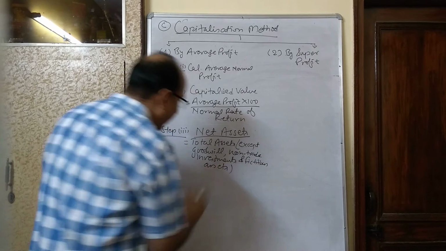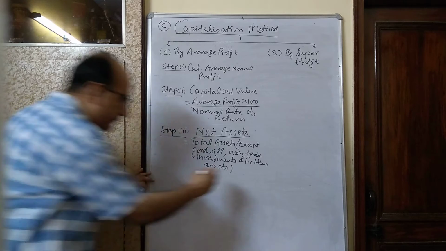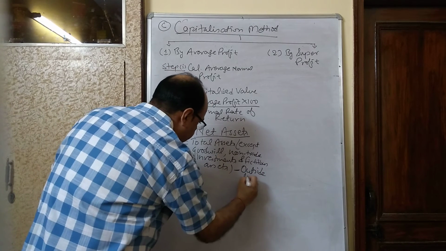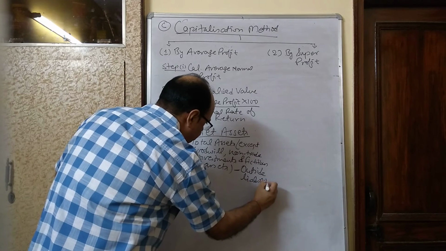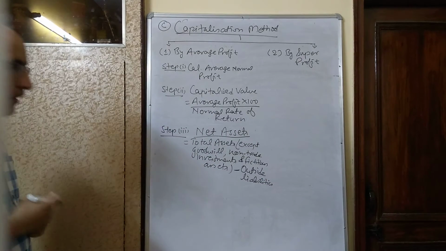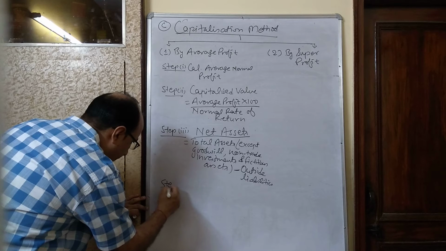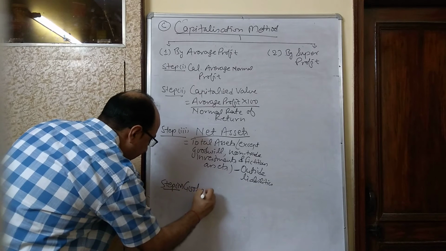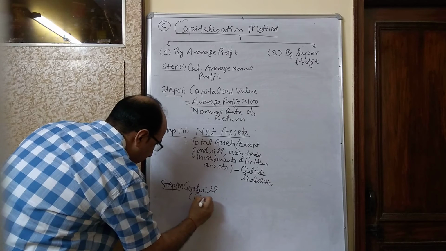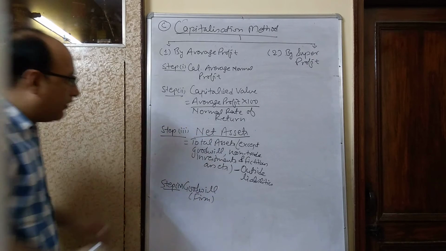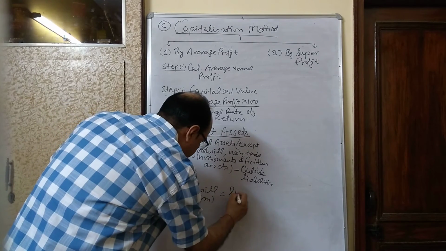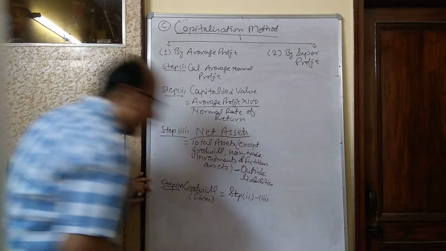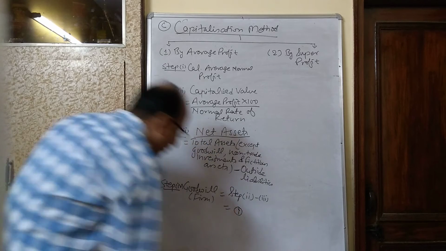These three things are to be excluded from the assets, minus outside liabilities. And step 4, the last step, is to calculate the goodwill of the firm. How will we calculate the goodwill of the firm? Step 2 minus step 3. You will arrive at the firm's goodwill.